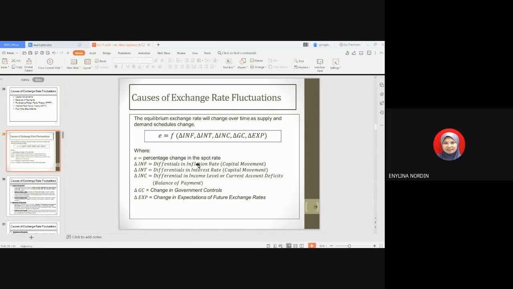By taking all these factors into consideration, we will get a new value of the exchange rate. That means those factors are influencing the equilibrium of the exchange rates.